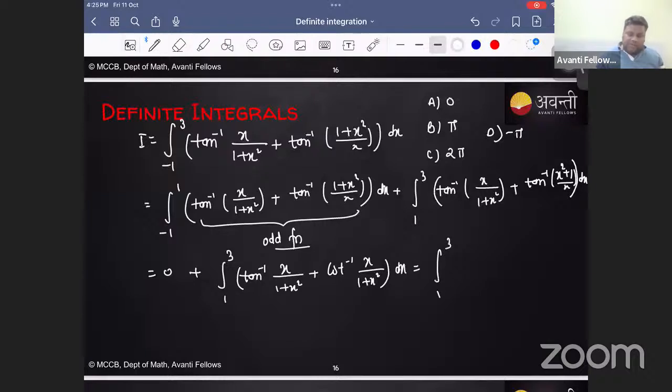So from 1 to 3, it is tan inverse a plus cot inverse a, that is pi by 2 dx. So it is pi by 2 times (3 minus 1). Answer is pi. So B is the correct answer. Got it?